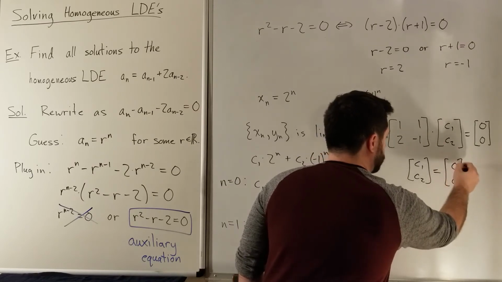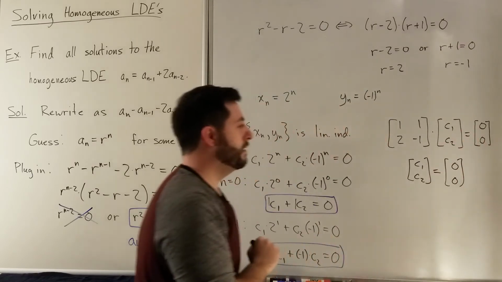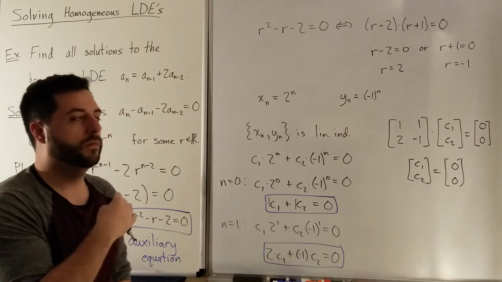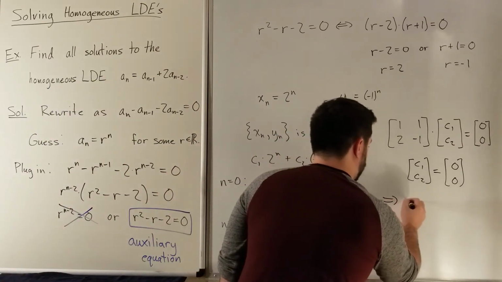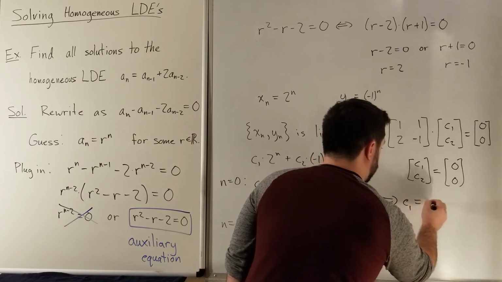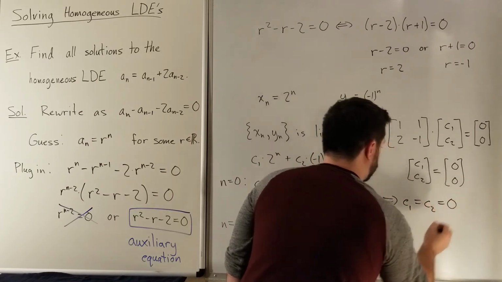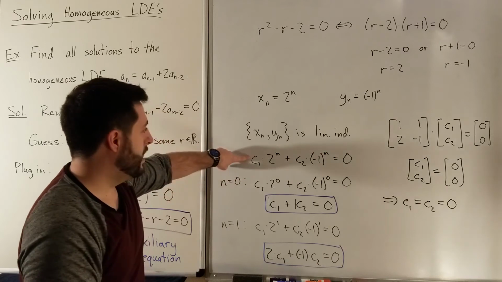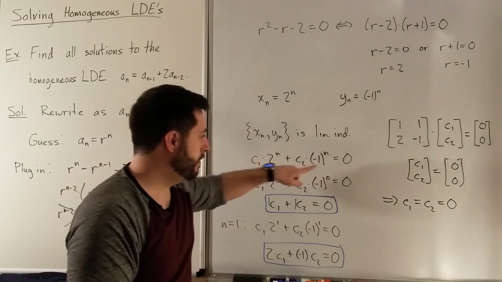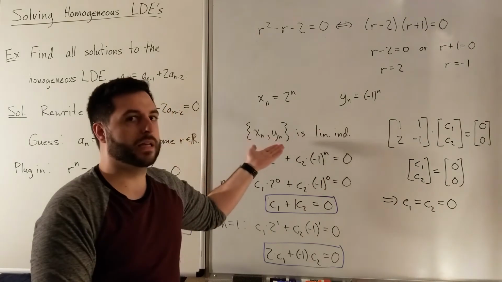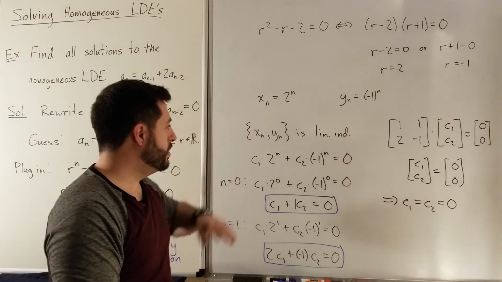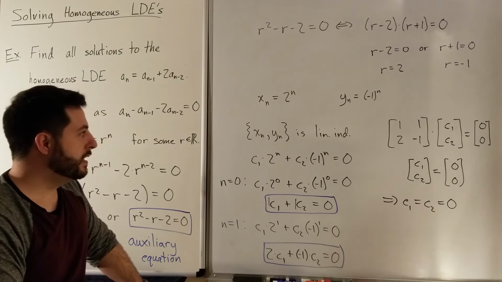Or the inverse of this matrix multiplied by this 0 vector will always be 0. And so we get C1 equals C2 equals 0. So if a linear combination is equal to 0, then the coefficients must be 0. These two must be linearly independent. Okay, so we have two linearly independent solutions.